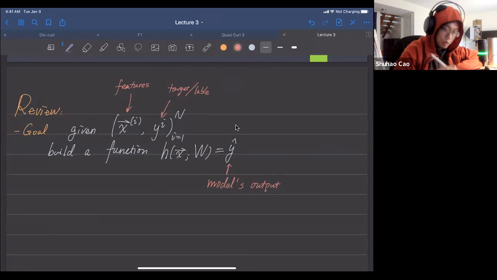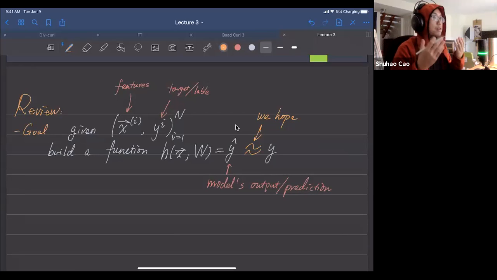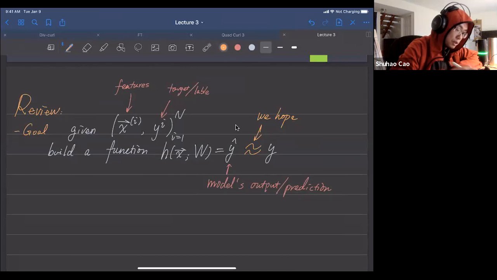Some people call this predictions, and this is what we hope approximates the actual label.